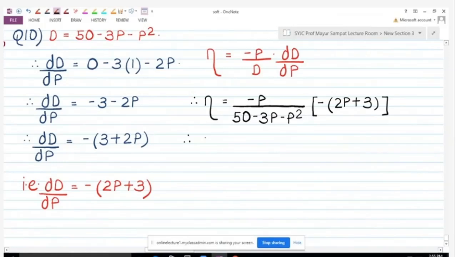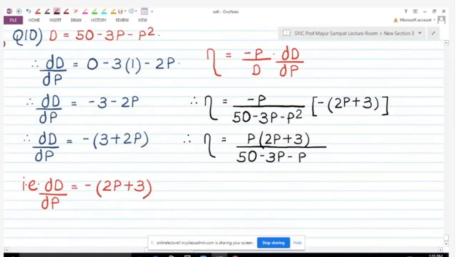Okay. Eta is equal to, minus minus will become plus, P into 2P plus 3 upon 50 minus 3P minus P square.